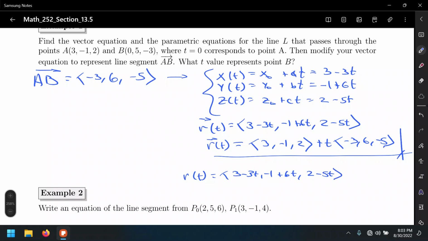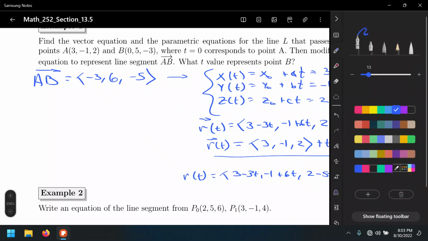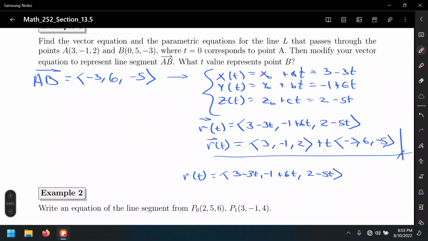Okay, so the best way to go about this is to compute R of 0. What's R of 0? What do we obtain when we substitute 0 over here? Well, 3 minus 3 times 0 is going to be 3. -1 plus 6 times 0, that's a -1. And 2 minus 5 times 0, that's a 2. All right?